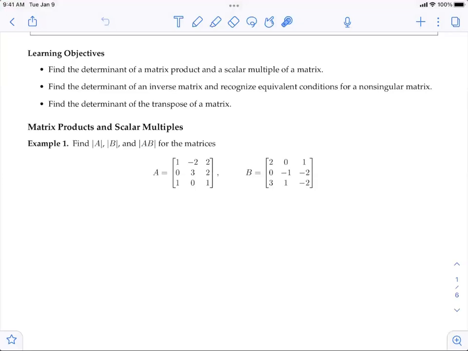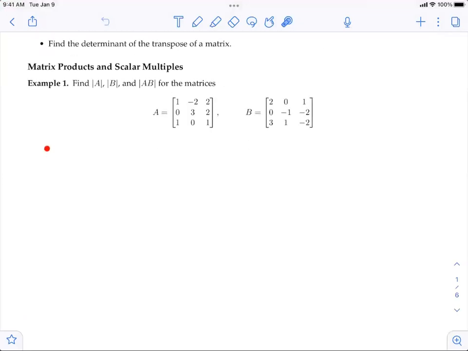To calculate the determinant of matrix A, you just choose one of the rows or columns to work with. So this is the 3 by 3 determinant. I'm going to choose the first column to work with.